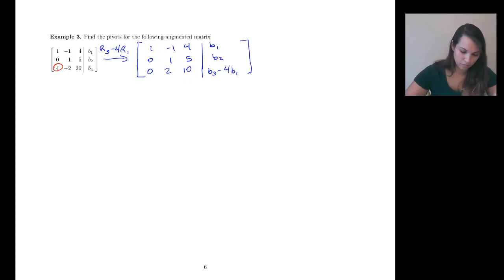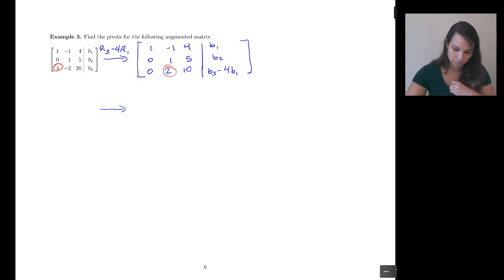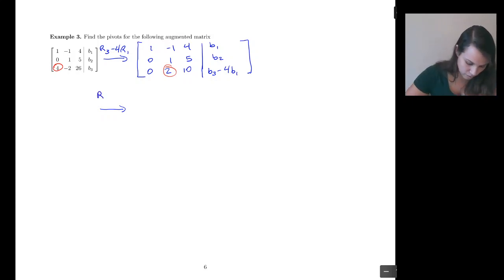Okay. Now we're going to do this again, except now we want to remove this 2 here. We're going to remove him, so modify row 3 by subtracting off 2 times row 2. So row 1 stays the same.